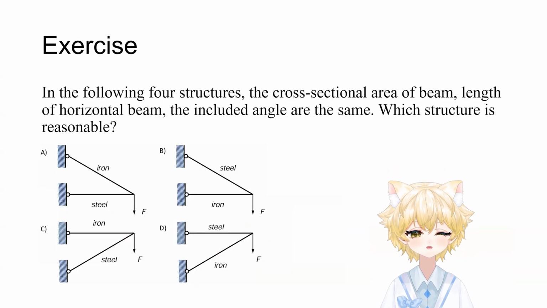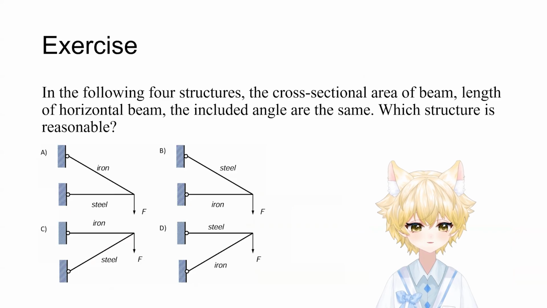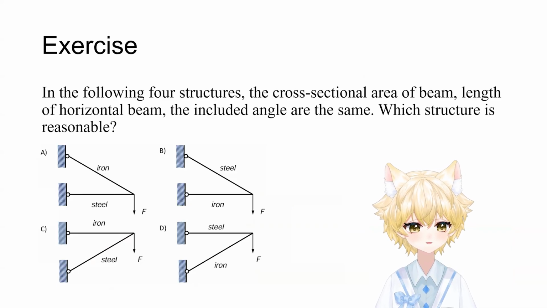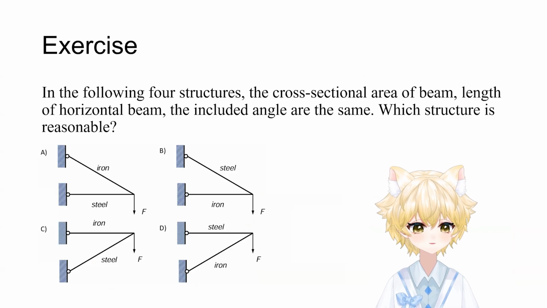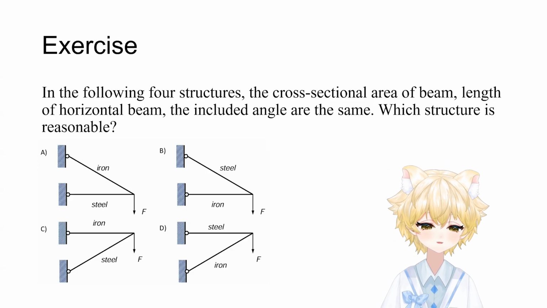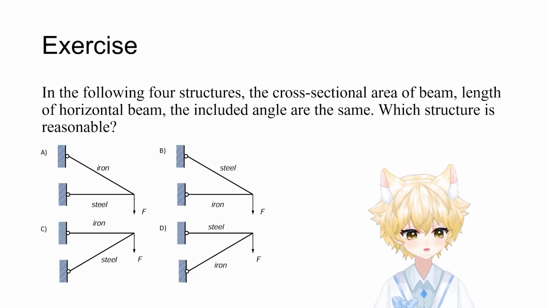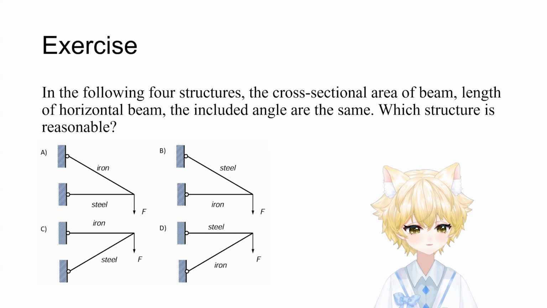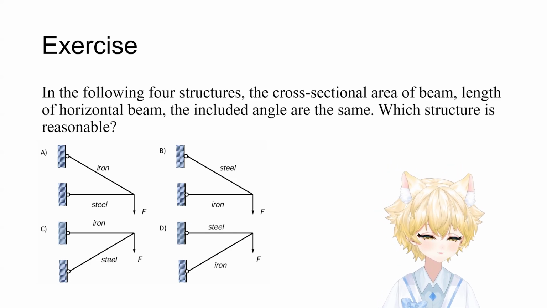Now, let's apply all of this knowledge to a simple structural design problem. In this exercise, we are given 4 structures. The cross-sectional area, the beam length, and the geometry are exactly the same. The only difference is which members are made of iron and which members are made of steel.